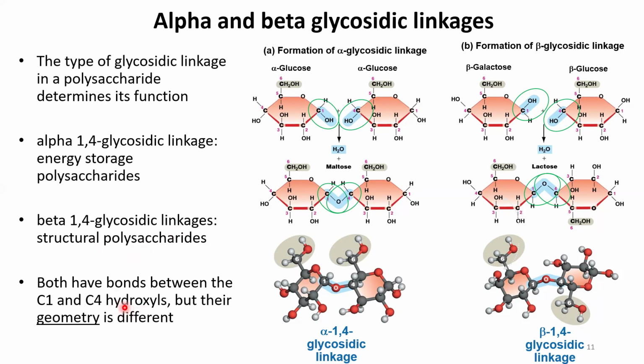And what happens is that both of these have bonds between the first and fourth carbon hydroxyls, but how they're oriented is different. So with the alpha glycosidic linkages, what happens is that these are oriented in this manner, like this.